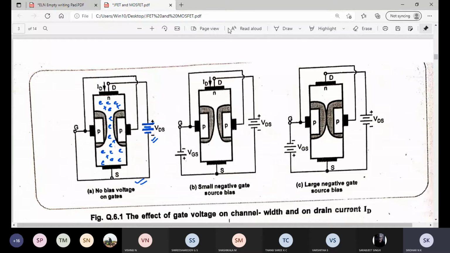Can you see? Gate to source is shorted. That is what they have told here for case one, no bias voltage on gate. That is figure A. So for this, VGS is fixed at 0, and VDS you are varying in steps.